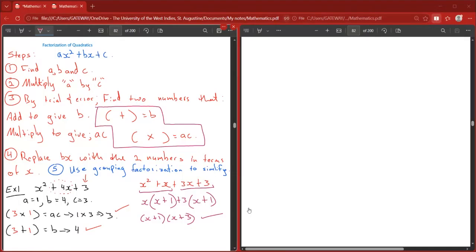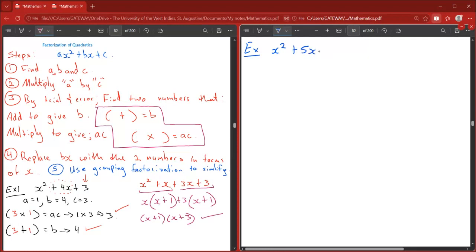Right, so suppose we have another exercise here. Let's say we have x squared plus 5x plus 6.